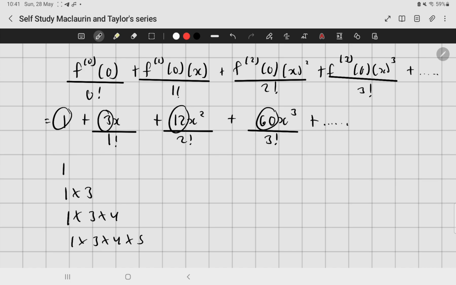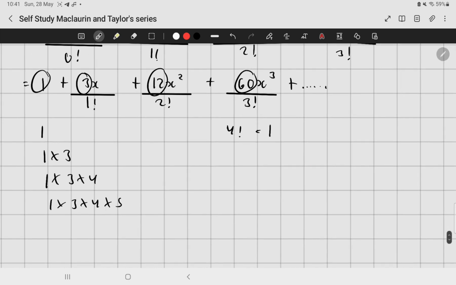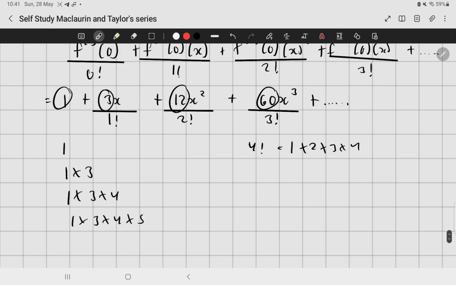Now, it looks like a factorial without the multiple of 2. Because we know that 4 factorial is 1 times 2 times 3 times 4, but in this case there is no multiple of 2. It doesn't multiply with 2. And that is the same for each term. So it looks like it divides by 2, right?